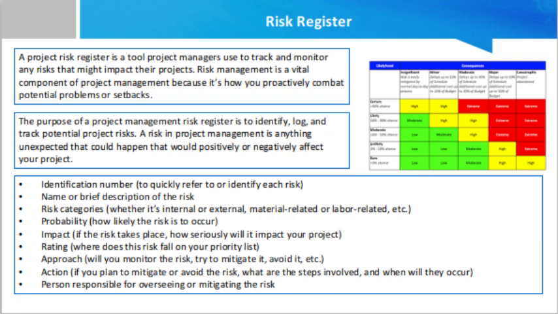Now, what should be included in a risk register? A risk register is essentially a table of project risk that allows you to track each identified risk and any vital information about it.